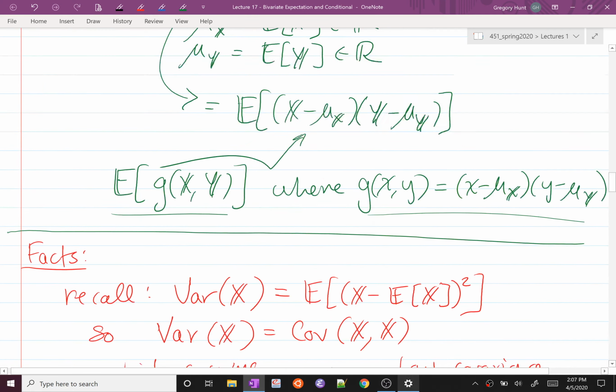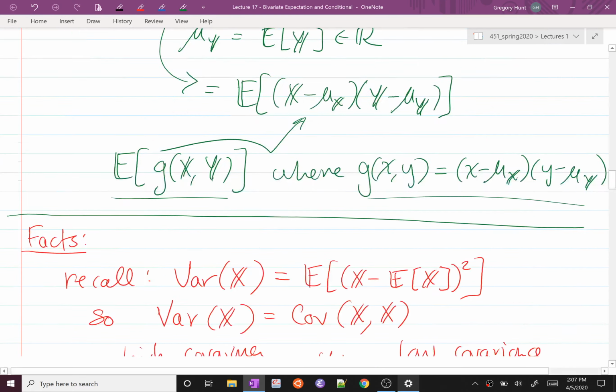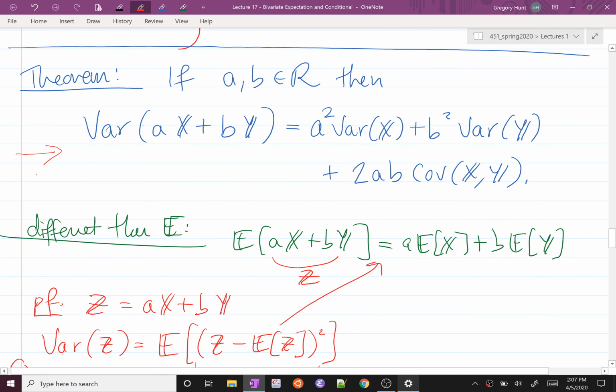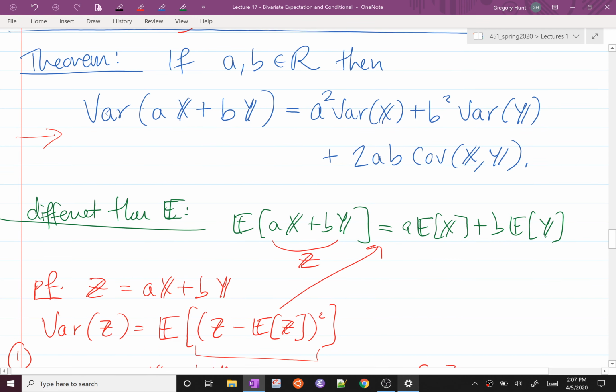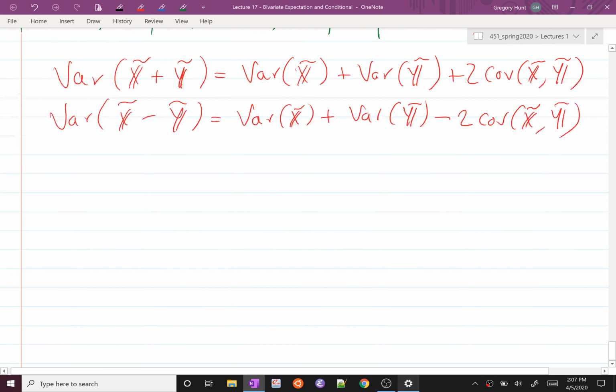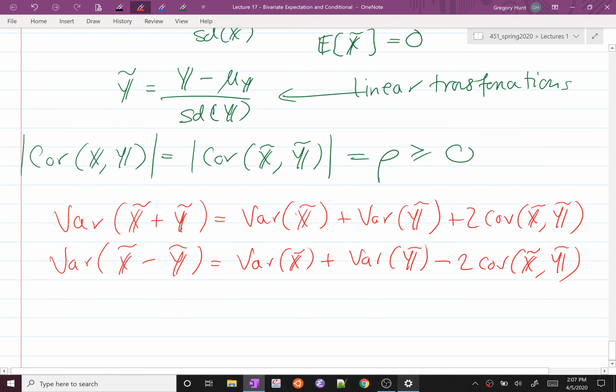Where did we write this? It's the definition. Here we go. This one. So we're using this theorem, where a and b are 1, and b might be negative 1. So that theorem, we apply it, and when we apply it, we get this fact.